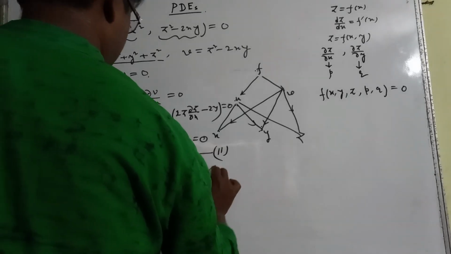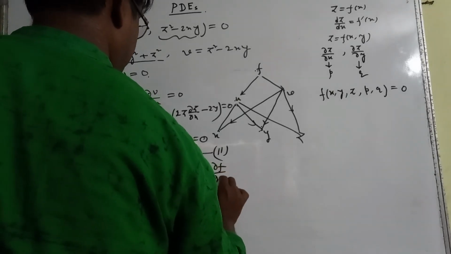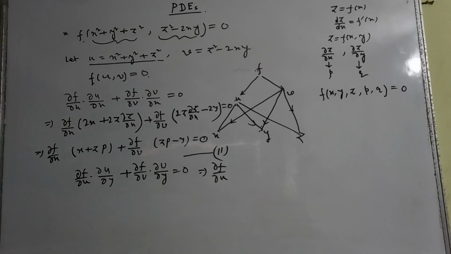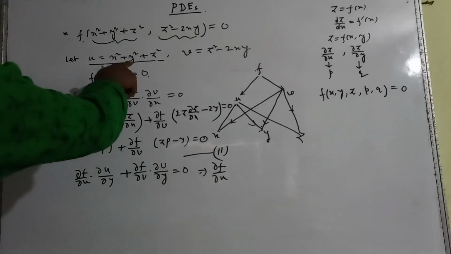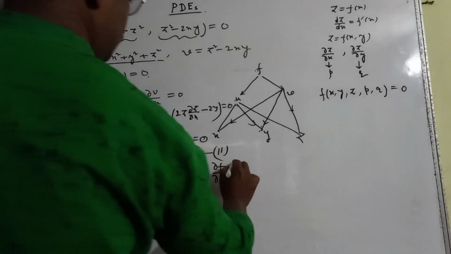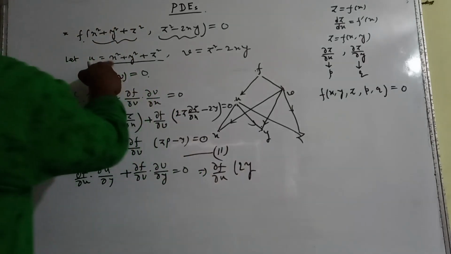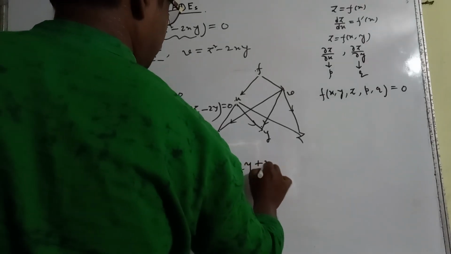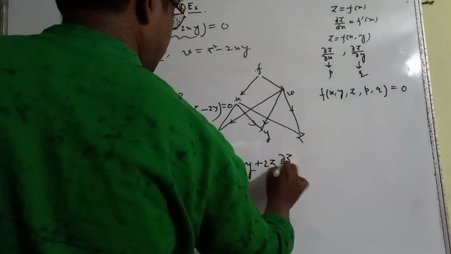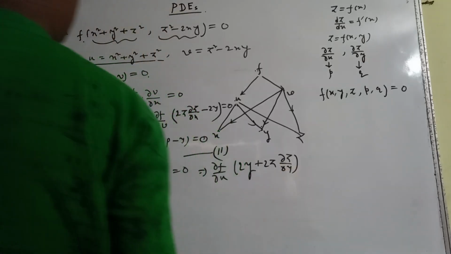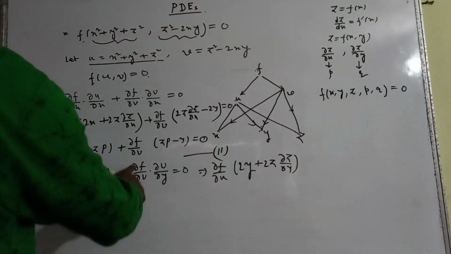From here, del u del y means 2y, and this is 0, and this is 2z del z del y, with respect to y.